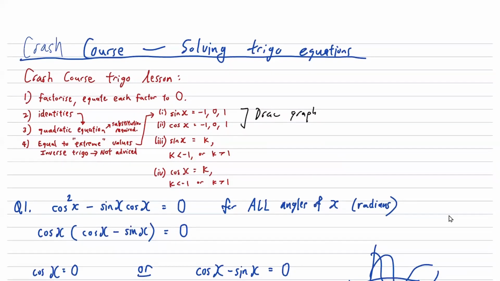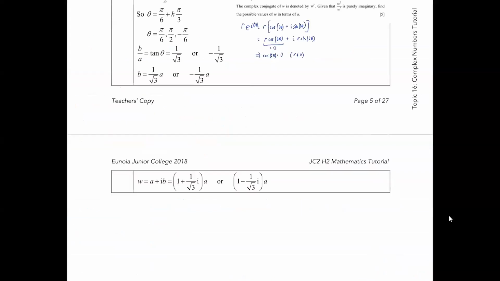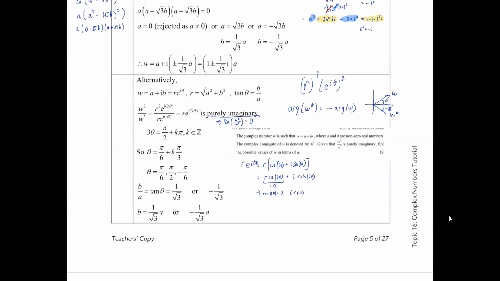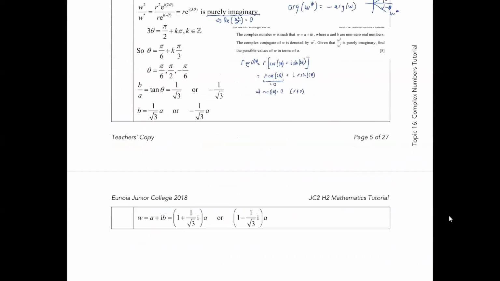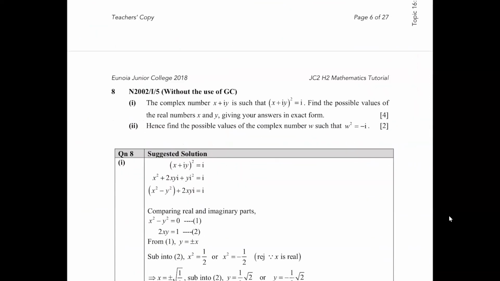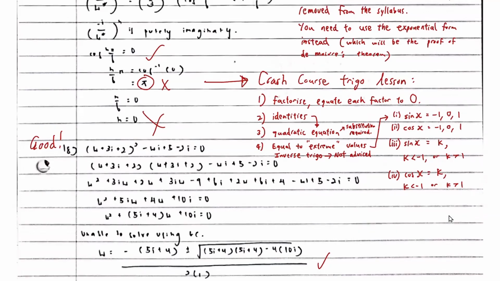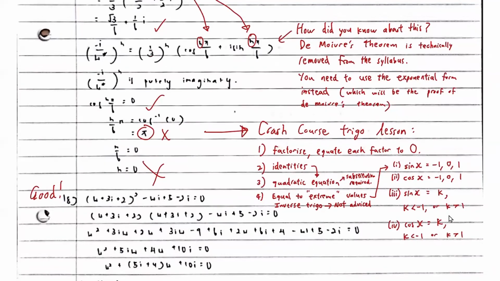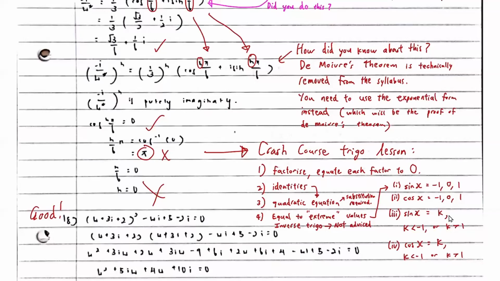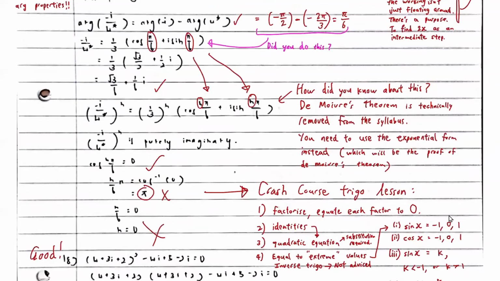34 minutes. Okay, let's go back. Now we can answer the question. What was the question already? Sorry, let me drink some water. Okay. Here, which question did we go through already?